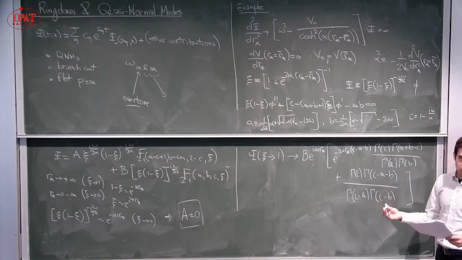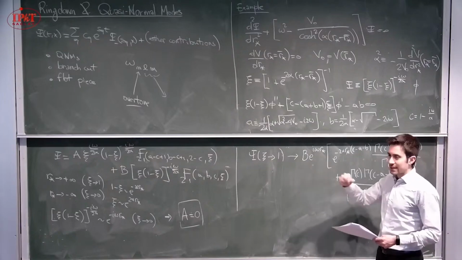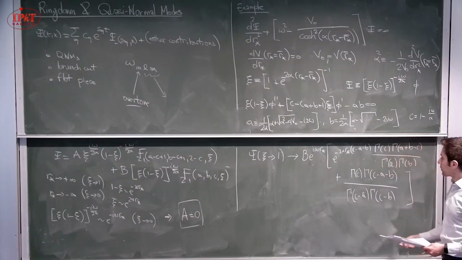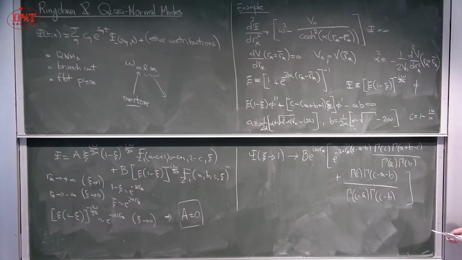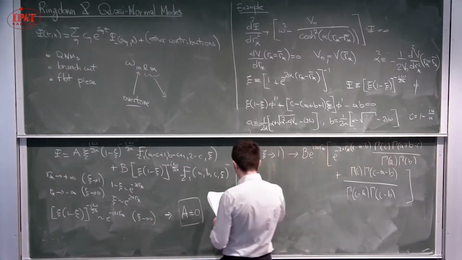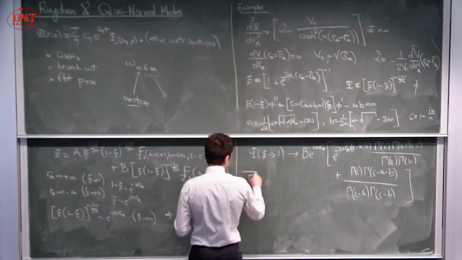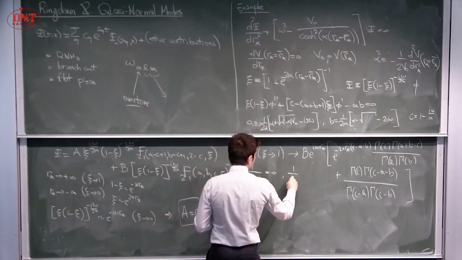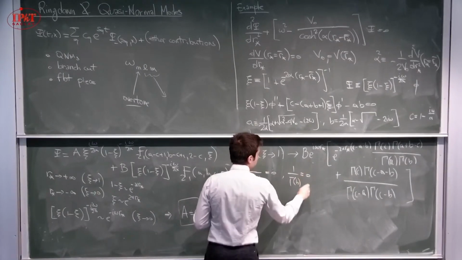The message is the following. We want to impose also that at infinity the solution goes like so. In order for this to happen, we need this part to be 0. And this part is 0 either if 1 over gamma of A is equal to 0 or 1 over gamma of B is equal to 0.